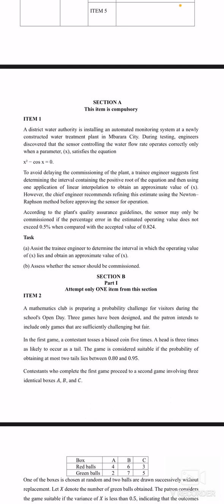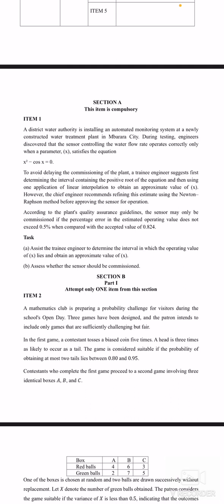To avoid delaying the commissioning of the plant, a trainee engineer suggests first determining the interval containing the positive root of the equation and then using one application of linear interpolation to obtain an approximate value of x. However, the chief engineer recommends refining this estimate using the Newton-Raphson method before approving the sensor for operation.